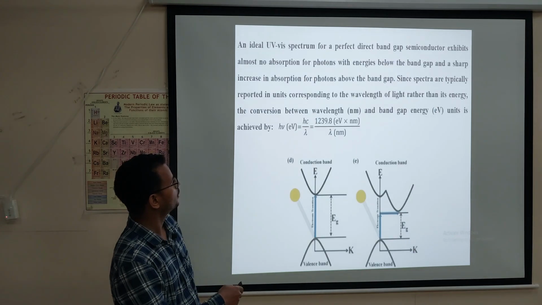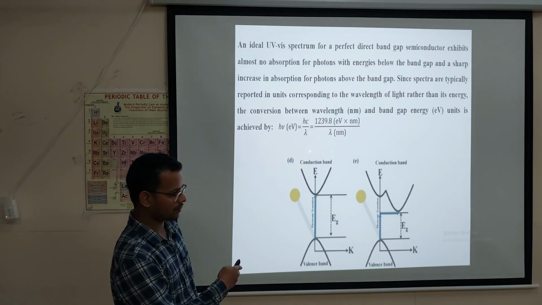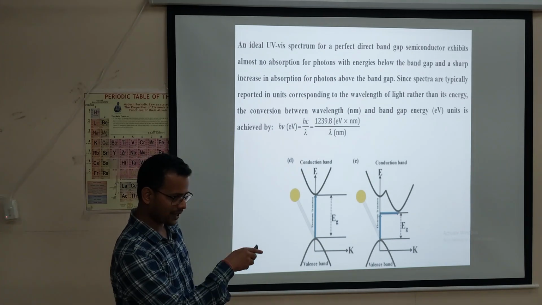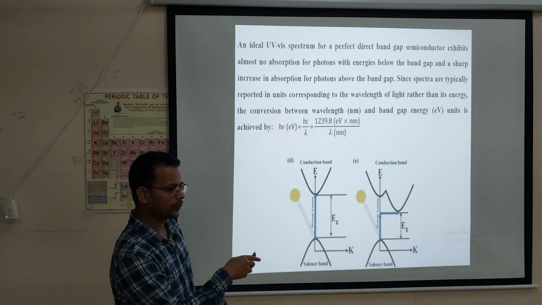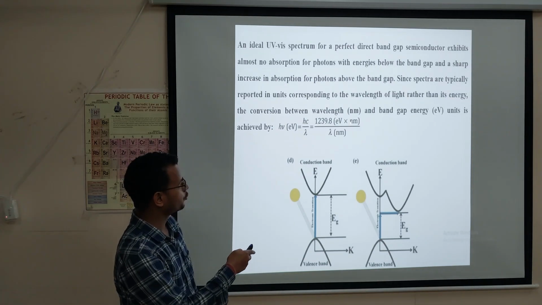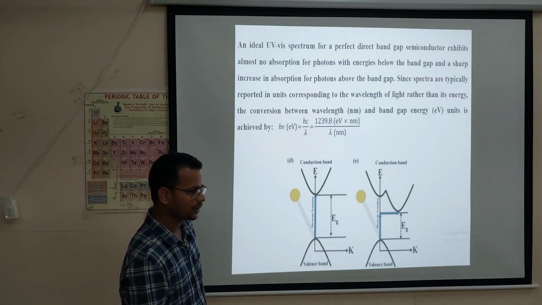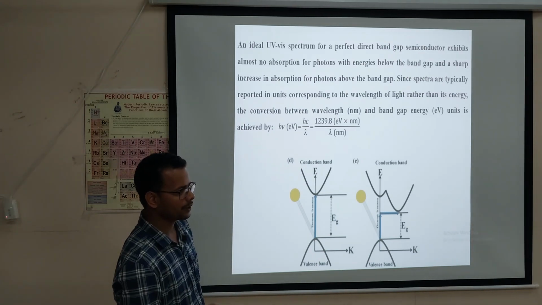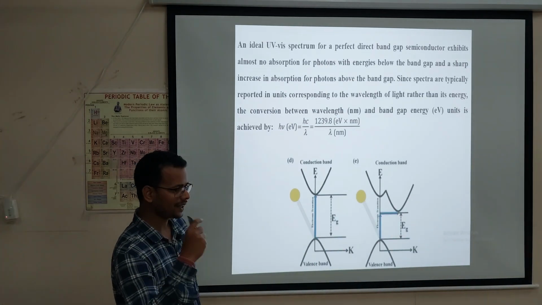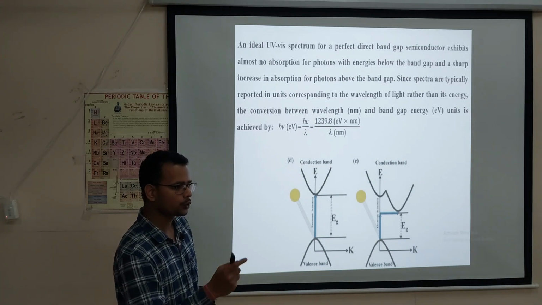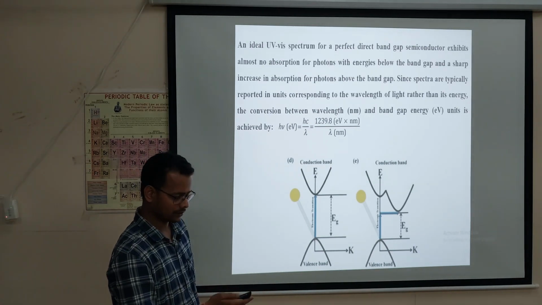If we get a value below 2.7, we call it visible active. If we get a value more than 3, we call it a UV active material. Clear?